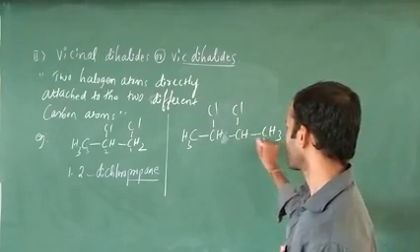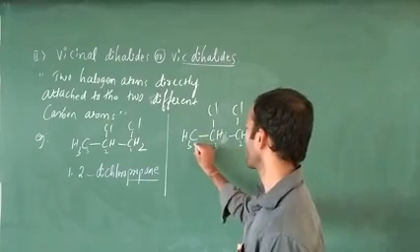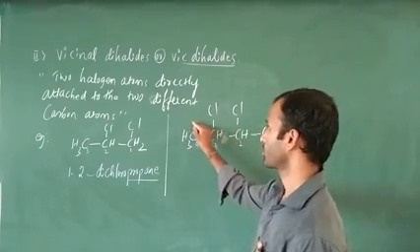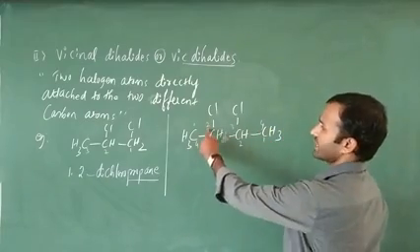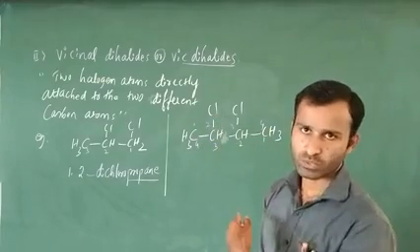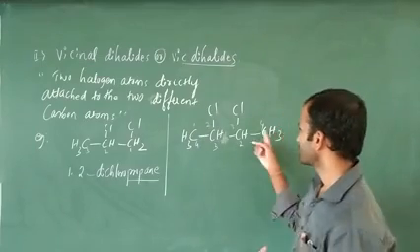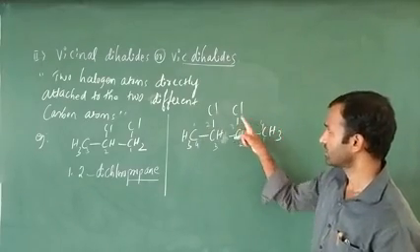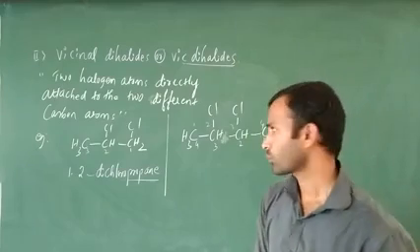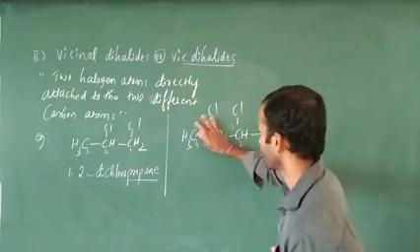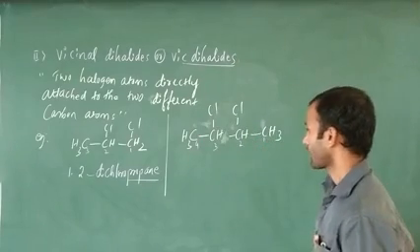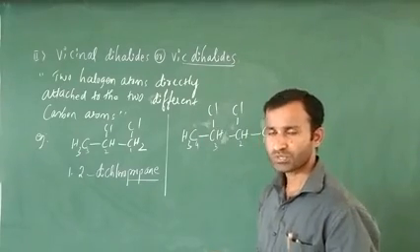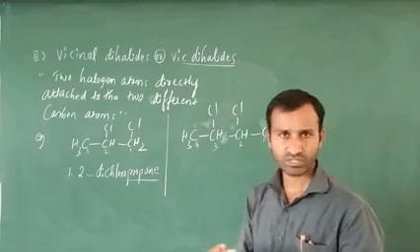You can start from here, 1, 2, 3, 4, or from the other side, no problem, because the second position gets a substituent group either way. You can follow any one method, but compulsorily, according to the locant rule, the substituent group must get the lowest number.